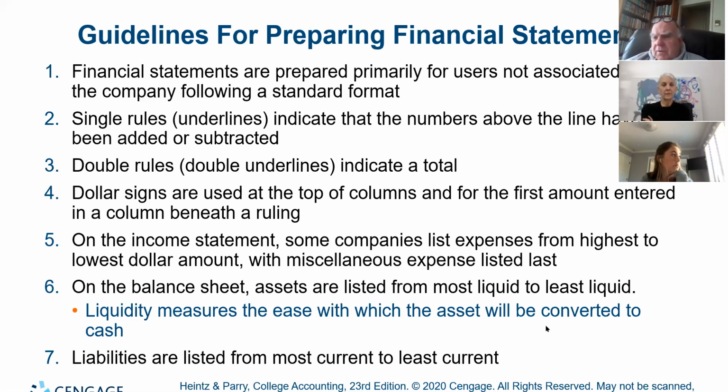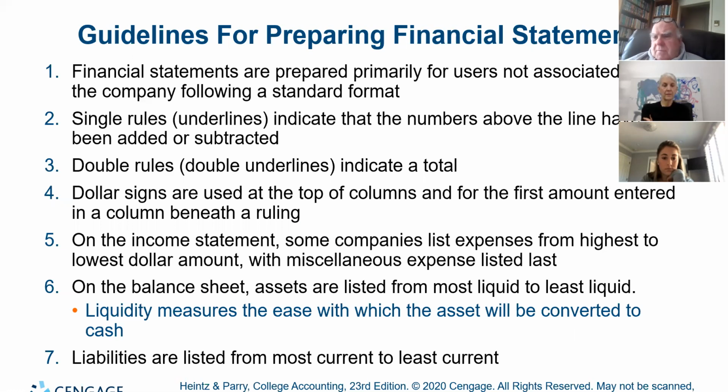They can go to a bank today with that $1 million of accounts receivable, convince the bank that it's good receivables, and the bank will say, okay, I'll take it off your hands for $800,000.